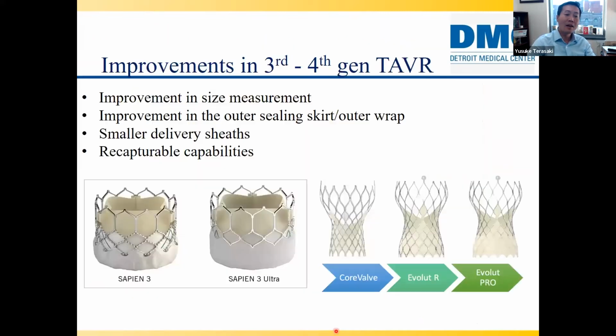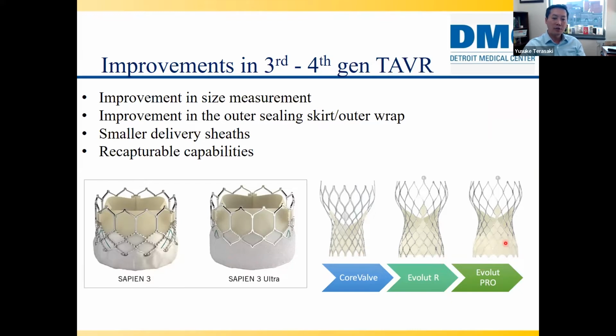Having said that, we have been making improvements in the TAVRs themselves. Even within the third to fourth generation TAVRs, there's been improvement in size measurements. These are preoperative CT scans that we perform to measure the actual size that we need in deploying these valves. They've made improvements in the outer sealing skirt, which is this area right here for the Edwards Sapien, and these are Medtronic CoreValves.